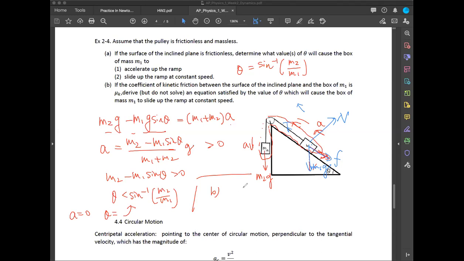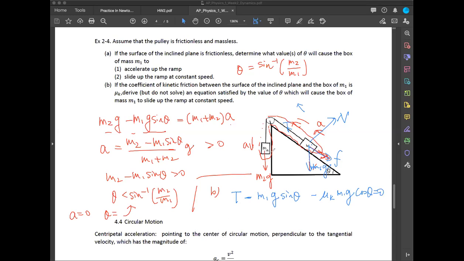So we can get T minus M1g sine theta minus mu k N, where N is the normal force, which is another component of the weight, M1g cosine theta, equal to 0.